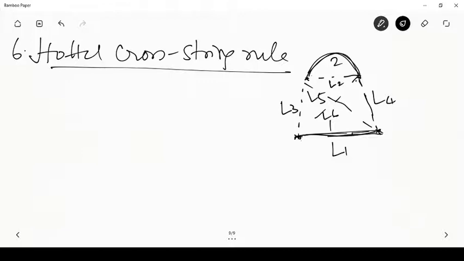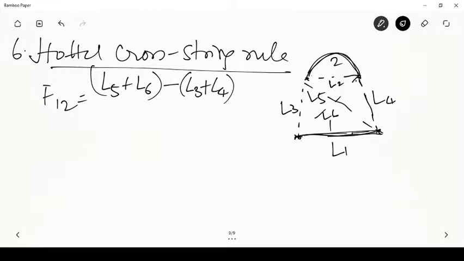So F12 is nothing but L5 plus L6, the sum of the two crossed strings, minus the sum of the two parallel strings, L3 plus L4, divided by twice L1. This is the rule.